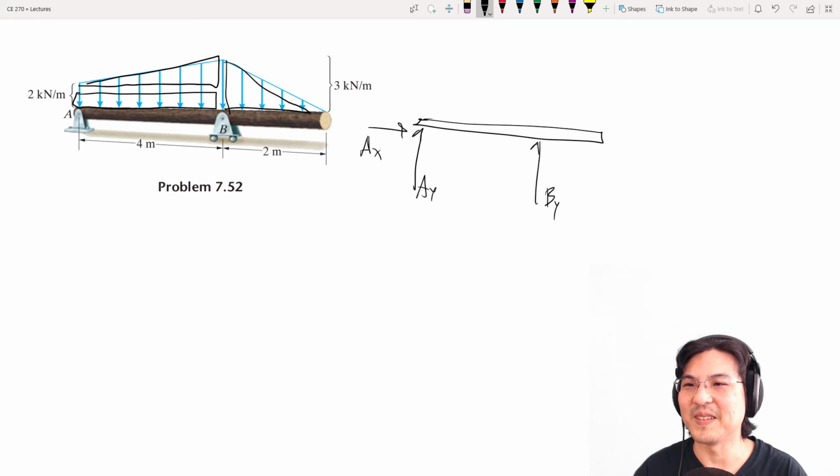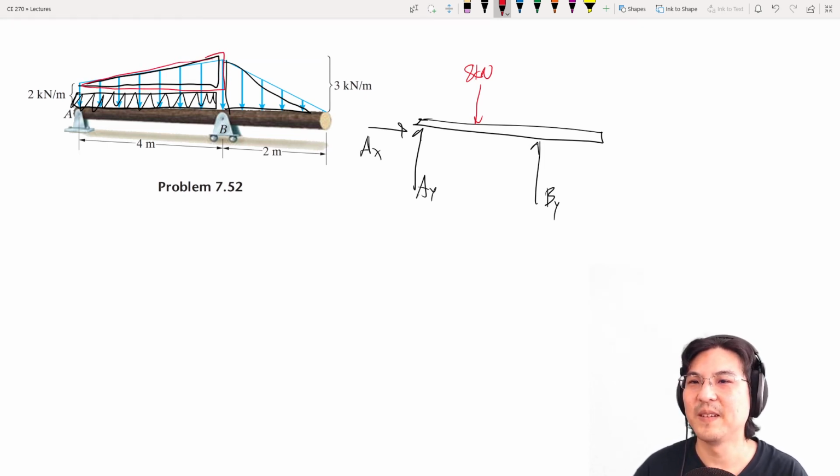So for this rectangle, the area is 2 times 4, so 8 kilonewtons. How about this triangle here? 1/2 base times height. 2 over here, 3 over here, so here to here is 1. So 1/2 base times height would be 2. And for this triangle, 1/2 base times height would be 3.